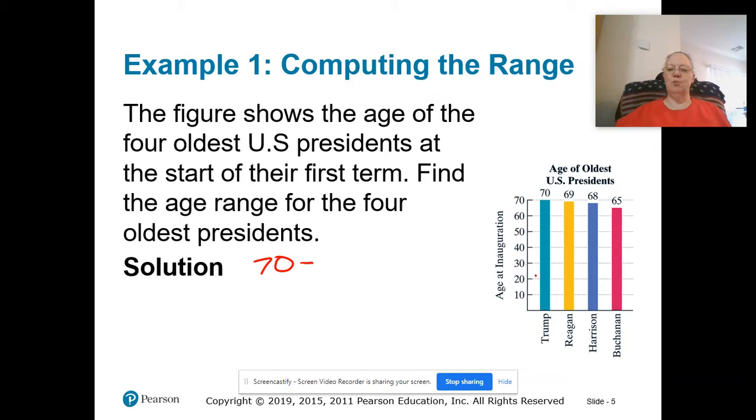And we subtract the 4th oldest president at the start of his term, which was Buchanan, and he was 65 when he started. If we subtract those two, we have an age range of 5 years.